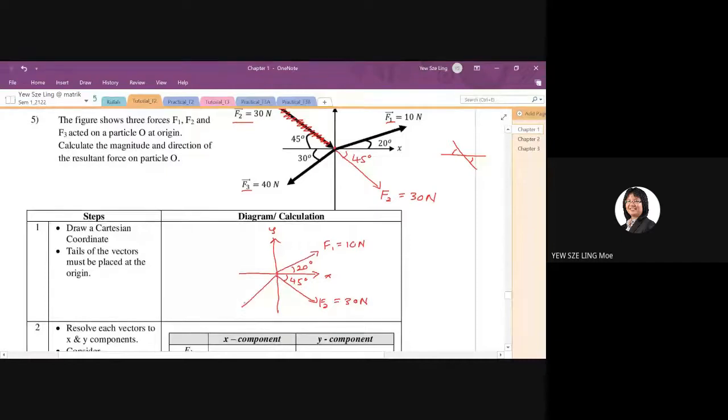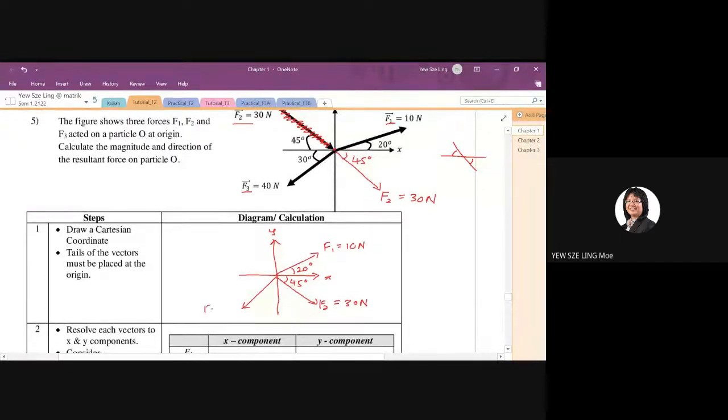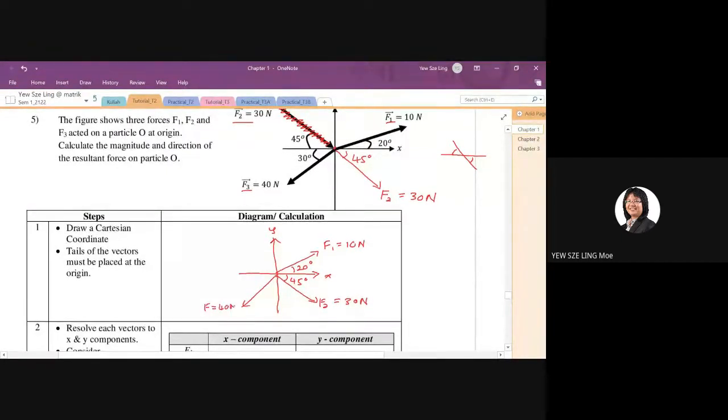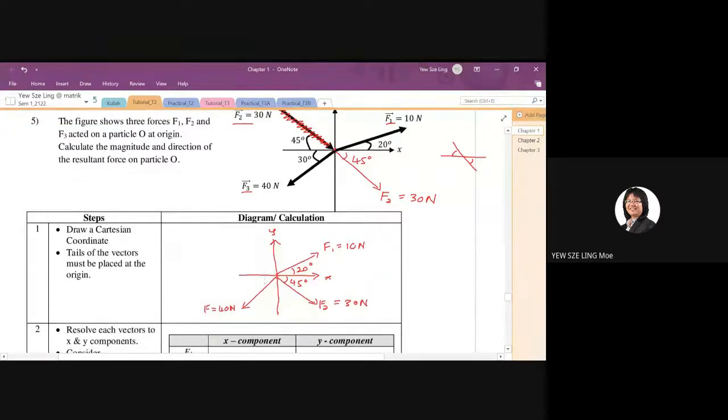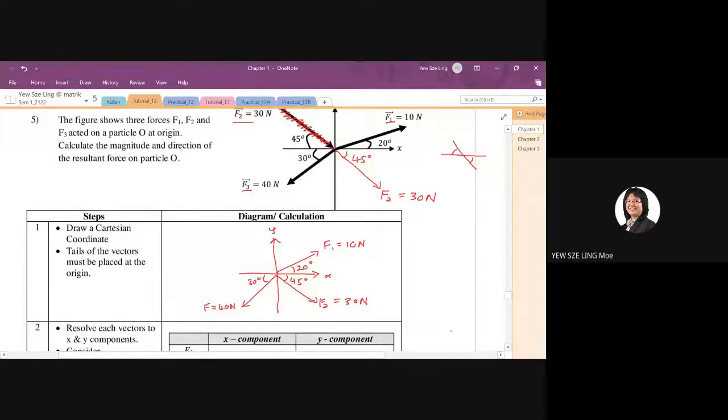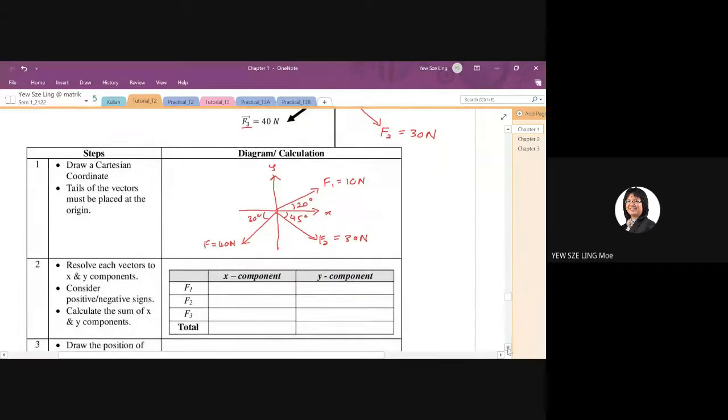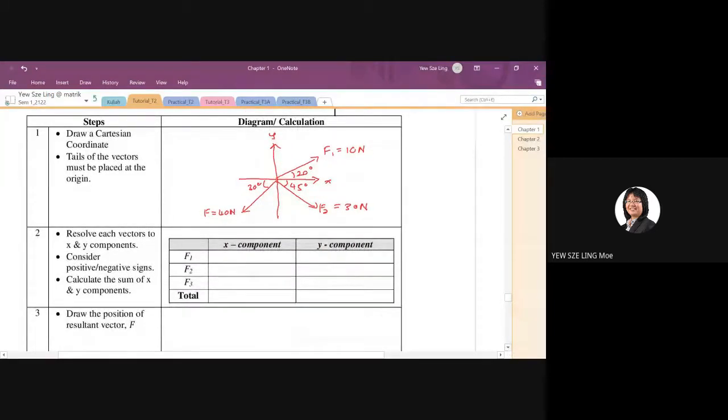F3 in the third quadrant is equal to 40 Newton, and this is 30 degrees. So this will be our new force diagram, in which F2 is now located in the fourth quadrant rather than the second quadrant.